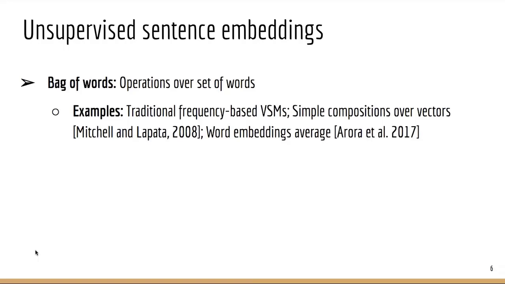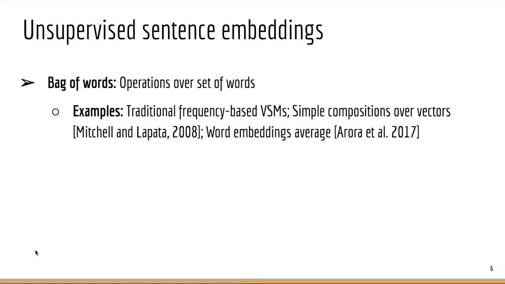Some examples of these are traditional frequency-based or TF-IDF vector space models. We can also have some simple composition over the word vectors, where some may work better than others. One very simple technique that has been shown to be very robust and difficult to beat is a simple word embeddings average. You get the word embedding of each word in the sentence, and you just average them. This has been proved to be very, very robust.